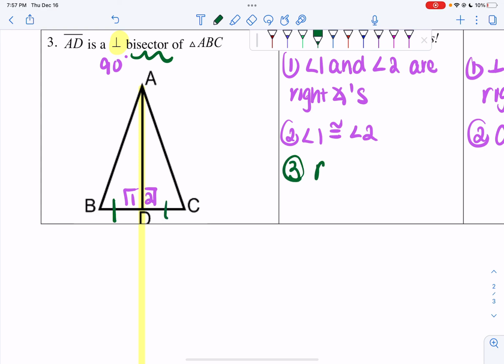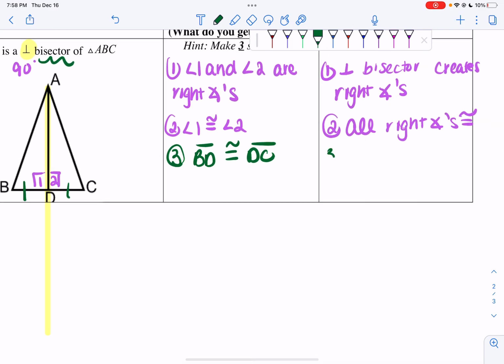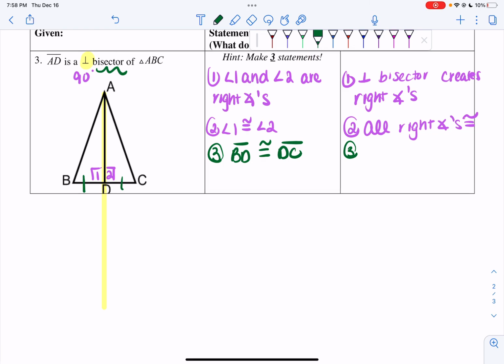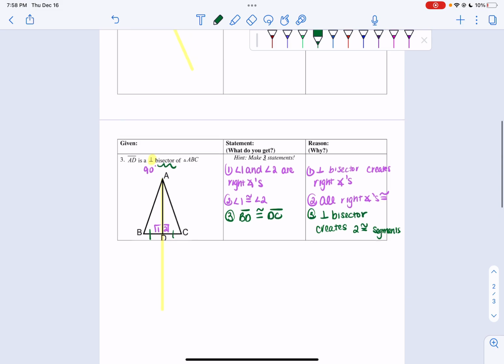So I can say BD is congruent to DC, and my reasoning would be a perpendicular bisector creates two congruent segments. And that's all you can say whenever you have a perpendicular bisector.